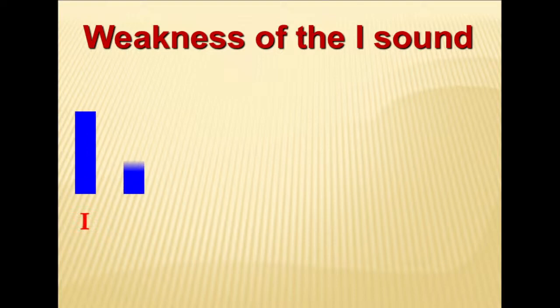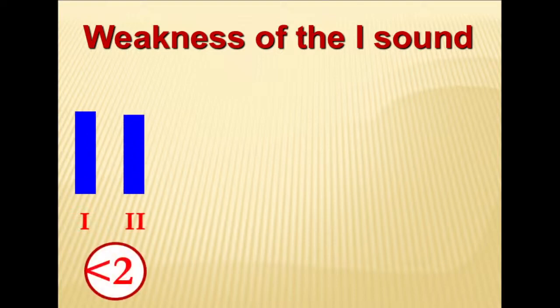We are talking about weakening of the first sound when its intensity is the same or less than 2 times compared with the second one. No 2 times deviation between the intensity of the first and second sound. They are approximately the same.